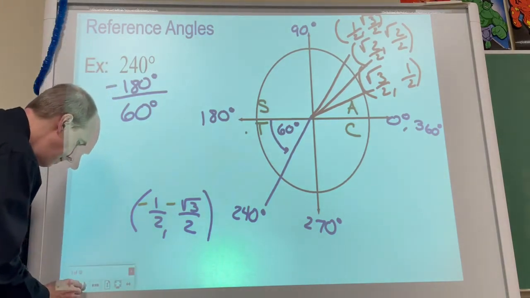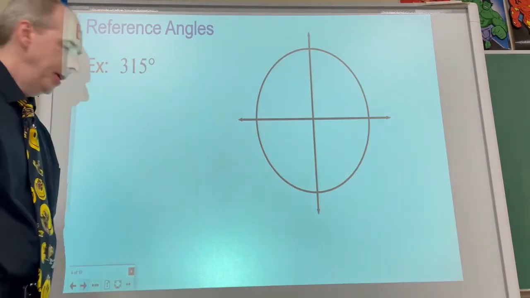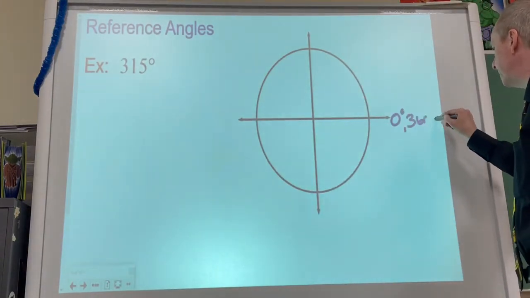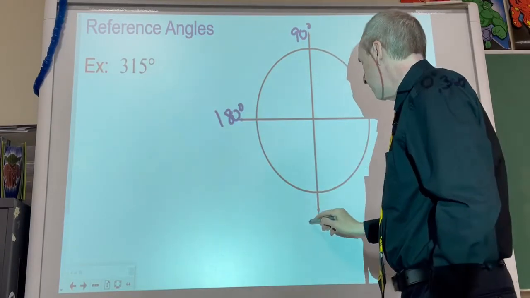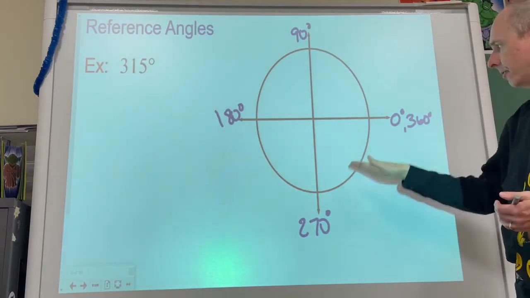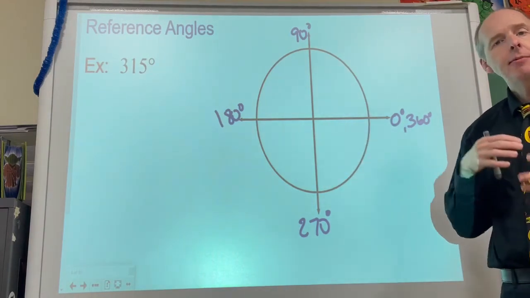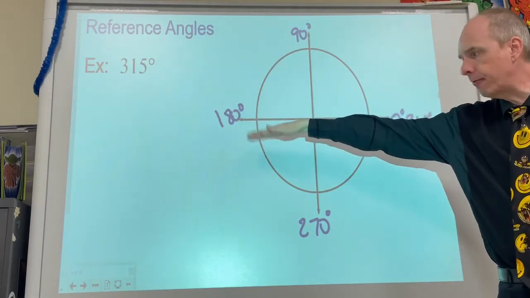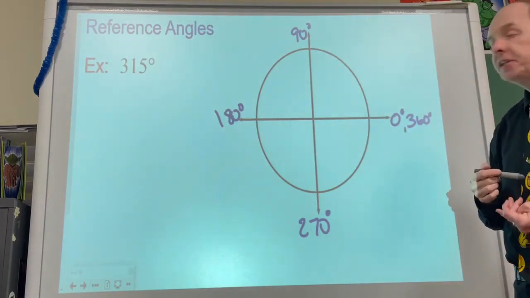Let's try another. 315 degrees. So again, I'm going to start off by thinking about all my angles. 0, 360, 90, 180, 270, and I think, where is 315 degrees? Well, it's somewhere in between here, right? It's between 270 and 360. And we always build off of the x-axis. So this time I'm not using 180, that would be over here. I'm going to build off of, how many degrees before 360 is it?